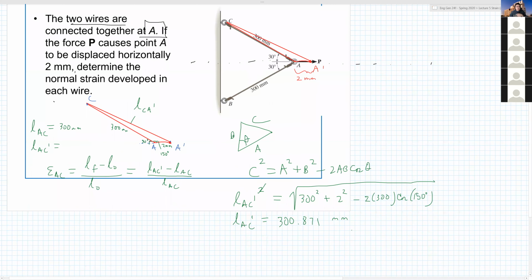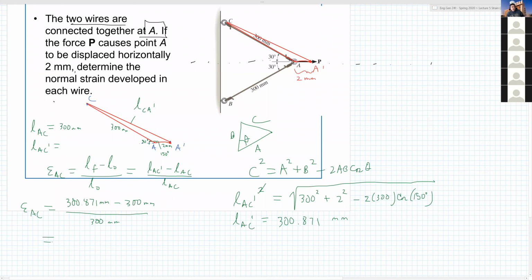So then once we have the final length, we can say strain AC is equal to, what is the final length? 300.871 millimeters minus the original length, 300 millimeters of the cable, over 300 millimeters. Notice that the strain here is going to be positive, right?